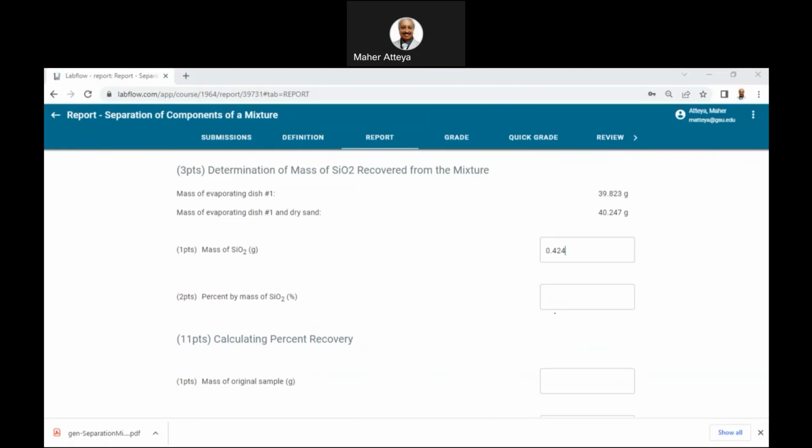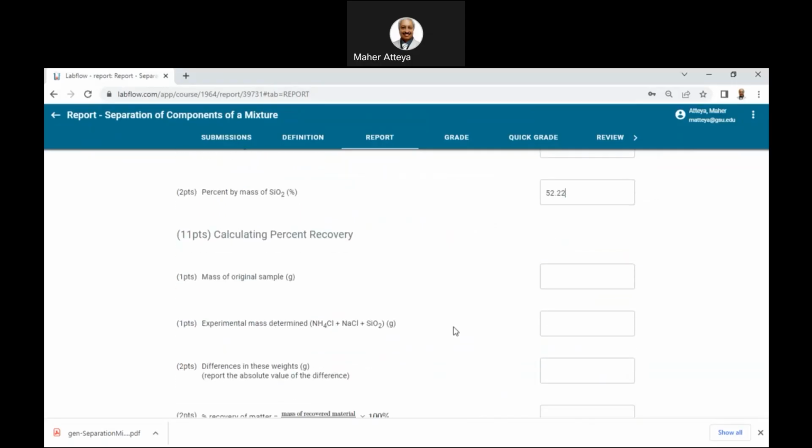So let's see here, on the calculator: 0.424 divided by 0.812 multiplied by 100 equals 52.22. So this one here will be 52.22 percent.